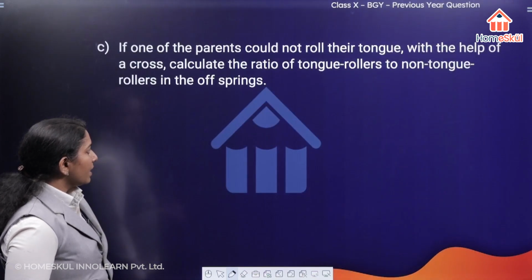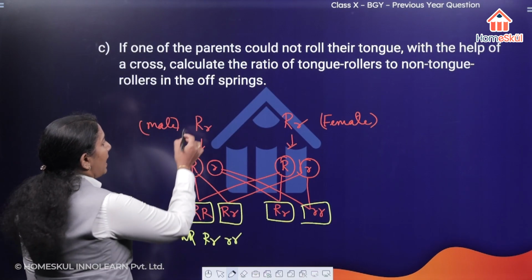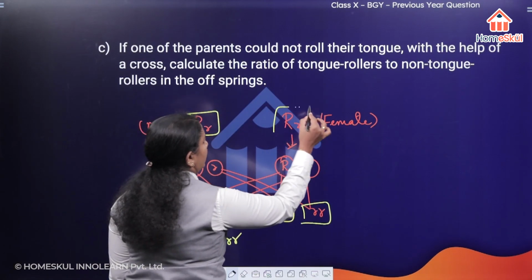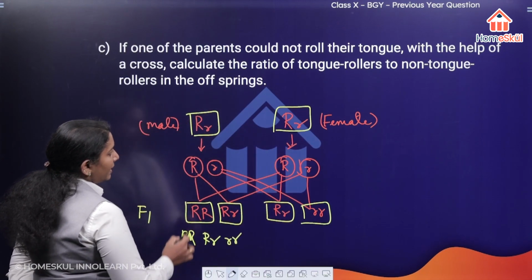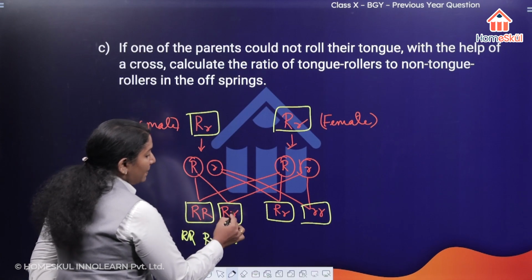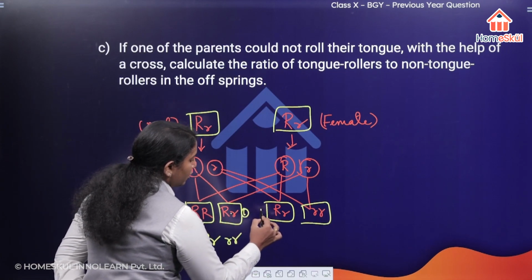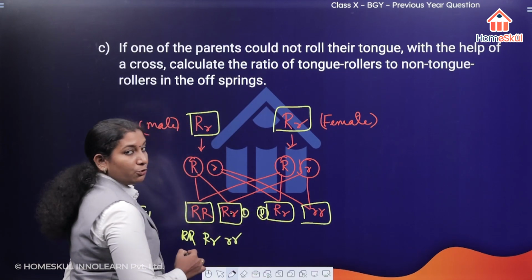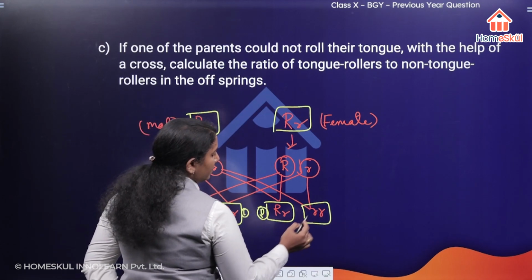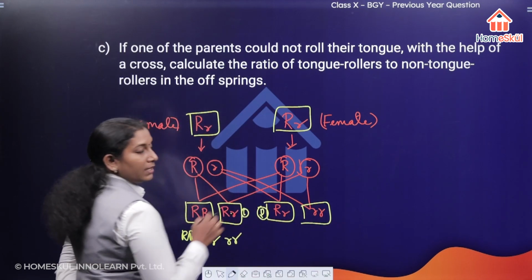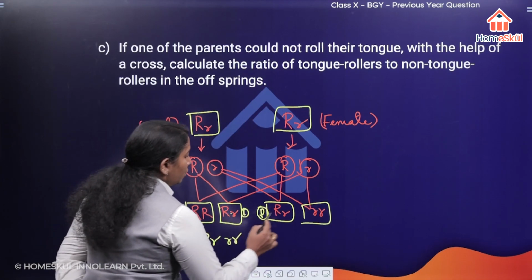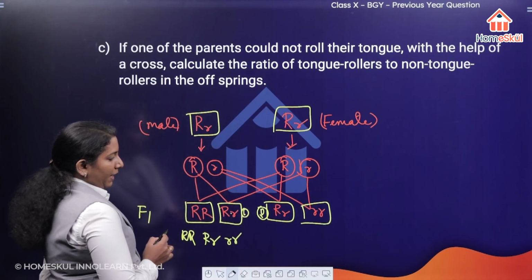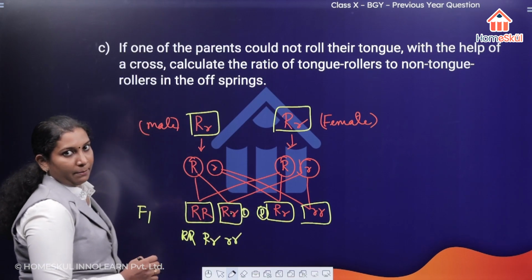Here, capital RR is not the parental genotype, and these two, capital R small r, are the parental genotypes. Small r small r is again a non-parental genotype. So out of these four offspring, two will show the parental type.